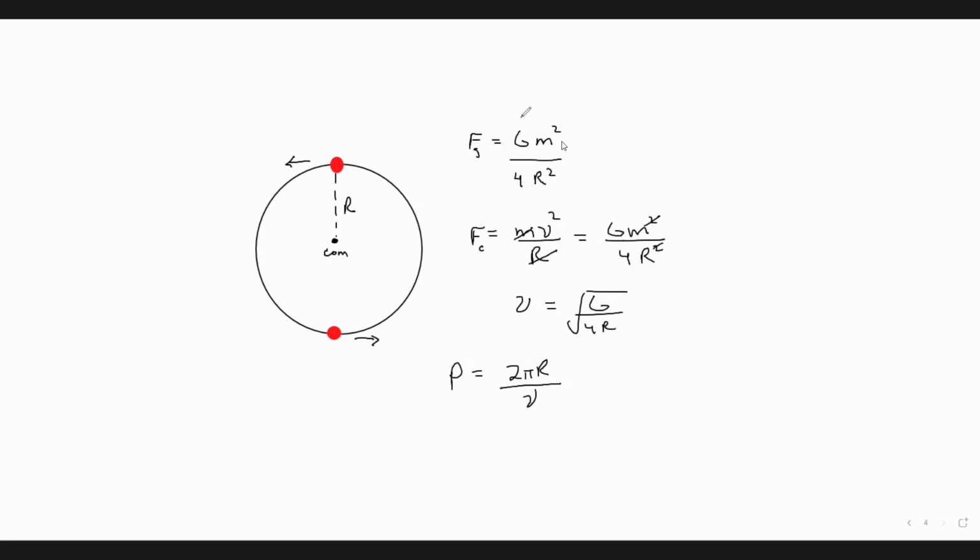Okay, the total orbital energy, E total, I almost said something that was wrong. The total orbital energy is the potential energy, minus G m squared over 2r, plus 1/2 m v squared, but there's actually two of them, so it's just plus m v squared.